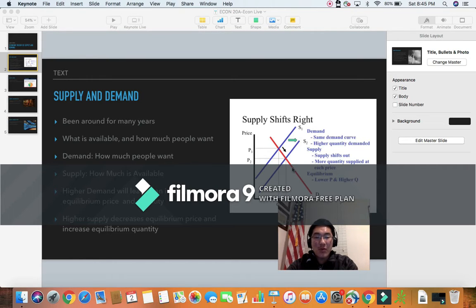If you move the demand curve from here to the right, it will increase equilibrium price and quantity. On the other hand, for a higher supply, you will shift the supply curve to the right, which will decrease equilibrium price, but it will increase the equilibrium quantity.